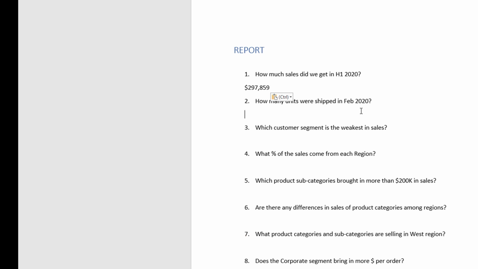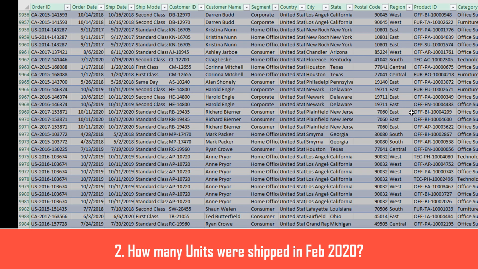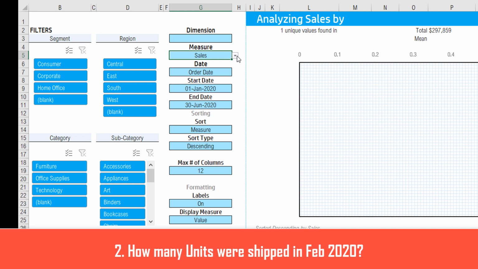Now the second question is, how many units were shipped in February 2020? Let's go back to our Excel file, and we will now have to read the quantity because we want to know the units. And it is in February, so I'm going to change the date again, February 1st to February 29th.